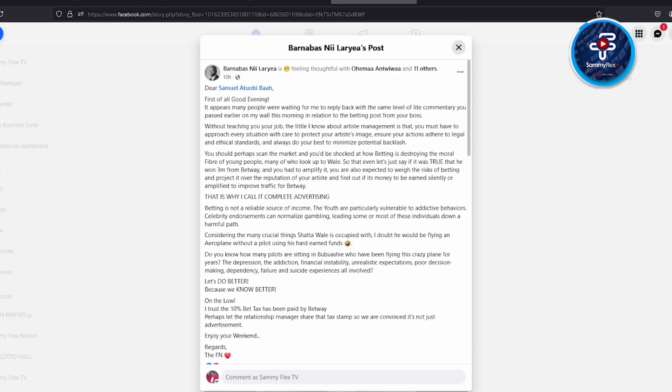The depression, the addiction, the financial instability, the unrealistic expectation, poor decision making, dependency, failure, and suicide experiences all involved. Let's do better because we know better. On the low, I trust the 10% event tax has been paid by Betway. Perhaps let the relationship manager share that tax stamp so we are convinced it's not just advertisement. Enjoy your weekend. Regards, the FN.